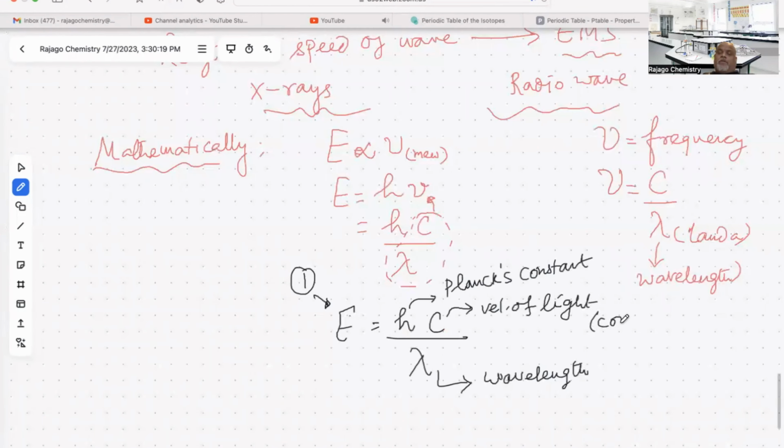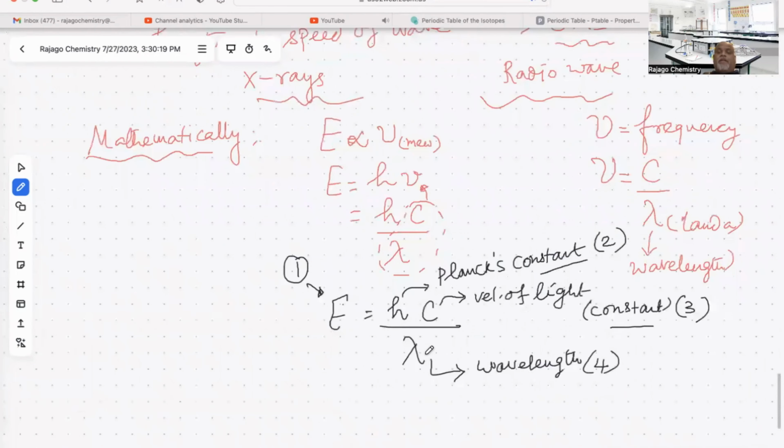This is also a constant. Mostly this will be given. If not, you have to memorize this. So out of these 4 parameters, 2 are already constants and you have only 2 of them.